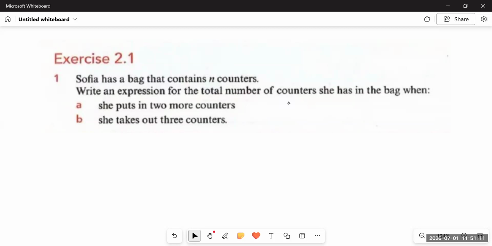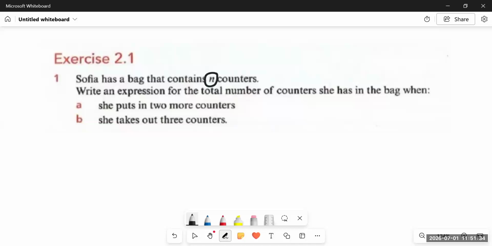Here, question number 1 says Sophia has a bag that contains n counters. What does this n tell us? Basically, when we don't know the actual number of something, we use some alphabets. Okay? And these alphabets are called variables.